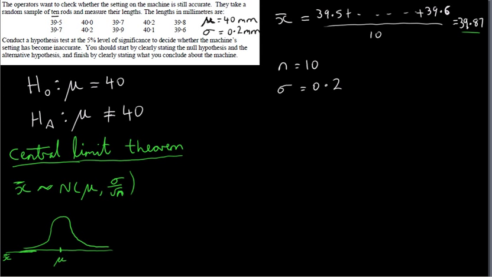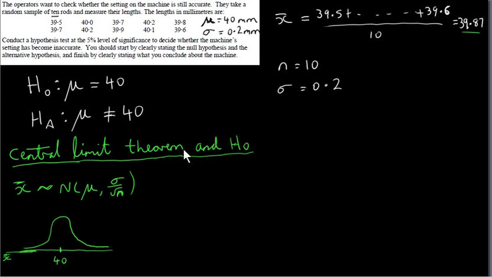So under the null hypothesis, we're assuming the null hypothesis is true, then the mean is 40. The mean of this, sometimes called the sampling distribution, is equal to the mean of the population. The mean of the population is 40. So the mean of all the sample means is 40 by the central limit theorem.